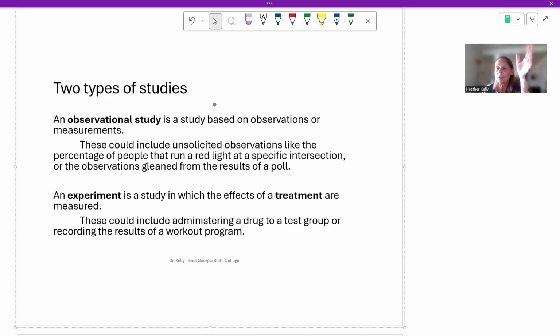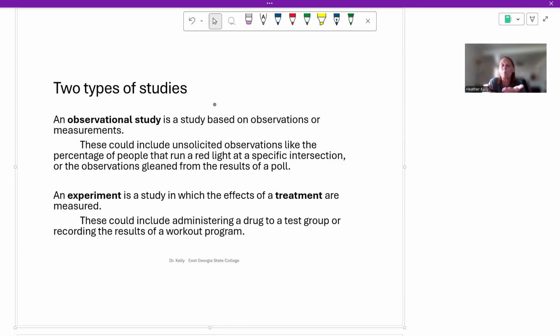An experimental study is one where the effects of a treatment are measured. So basically, maybe you're just going along and then we do an intervention like impose a diet, an exercise regimen, better sleep, some skincare.